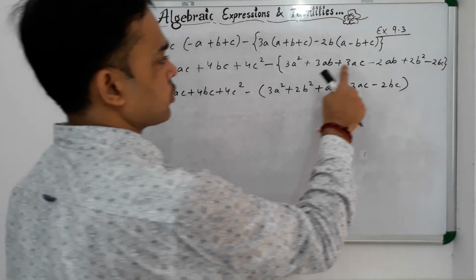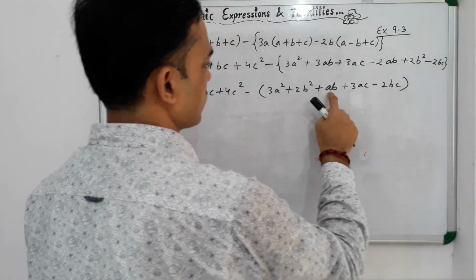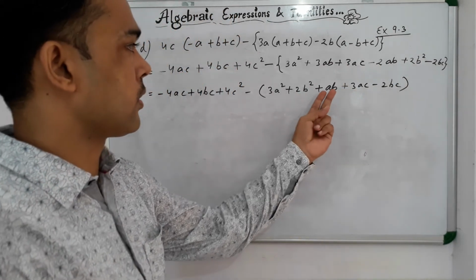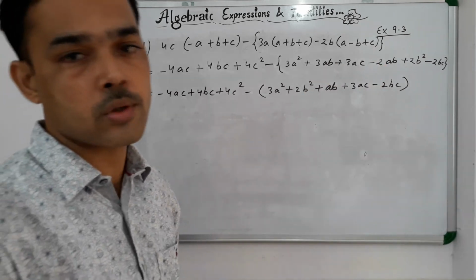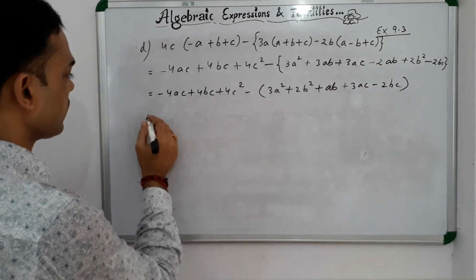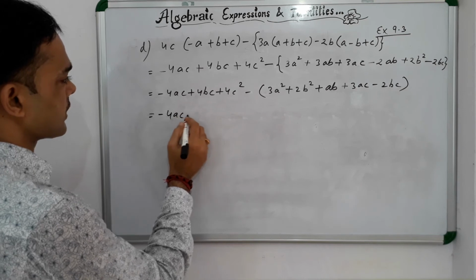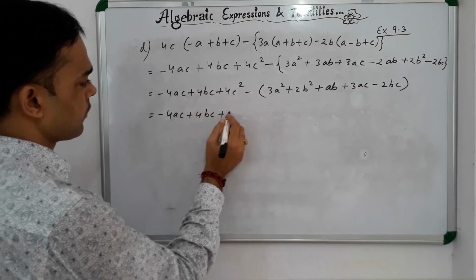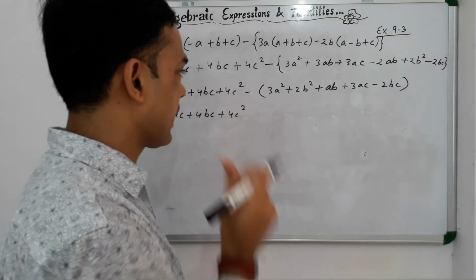So 1, 2, 3, 4, 5, 6, 1, 2, 3, 4, 5, because I have joined two like terms together. Now minus 4ac plus 4bc plus 4c square are written as it is.